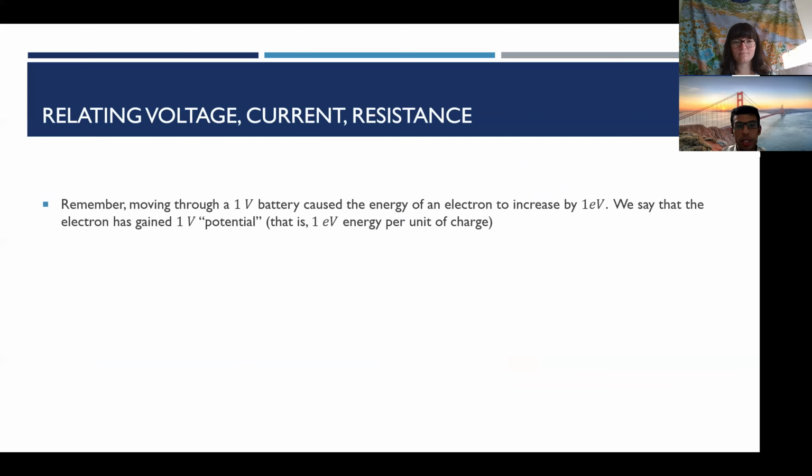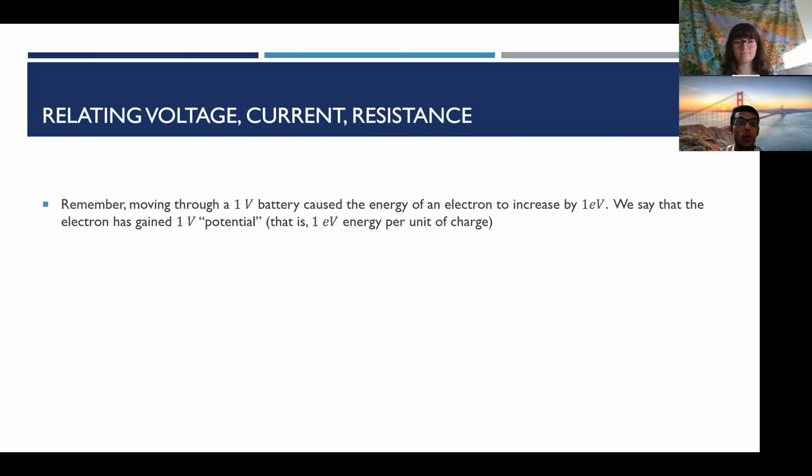To be able to see what this relationship is, we're going to remember that any battery of any voltage is going to increase the energy of an electron by those many electron volts. So a 1 volt battery is going to increase the energy by 1 electron volt. In engineering jargon, we say that the electron has gained 1 volt of potential.